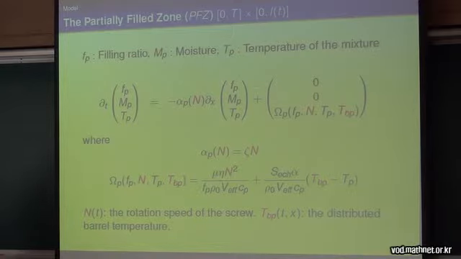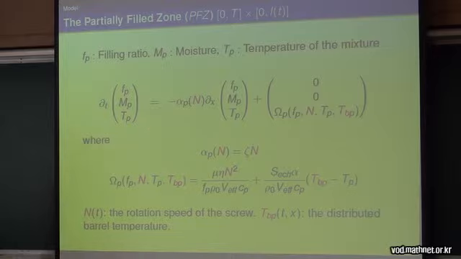The equations in the partially filled zone are described by a system of conservation laws or balance laws. The first two are conservation laws. Fp is the filling ratio. The first equation is essentially the conservation of mass, the second one is the conservation of moisture, and the third one is about the temperature.